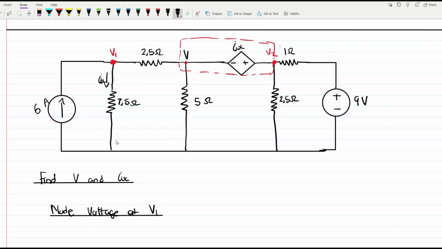So when we look at V1, we have an incoming current and outgoing current, and we can say that one also is outgoing.